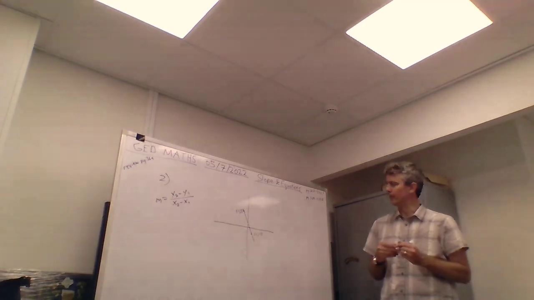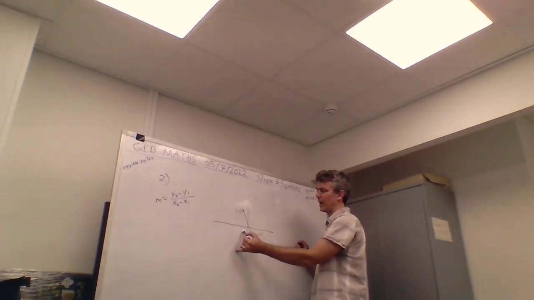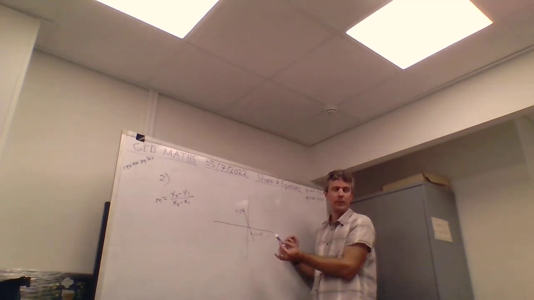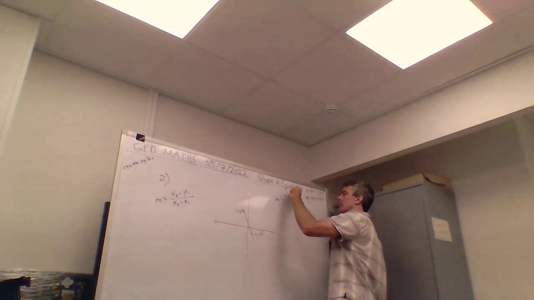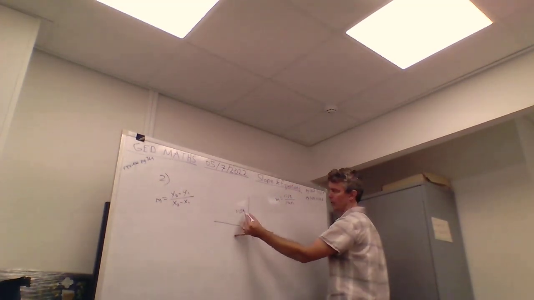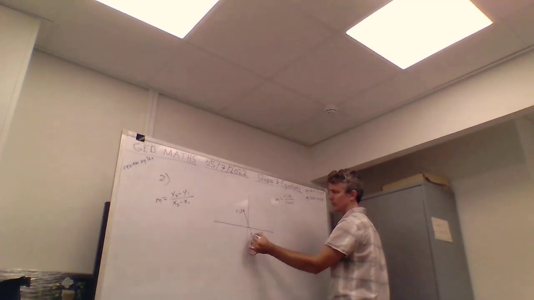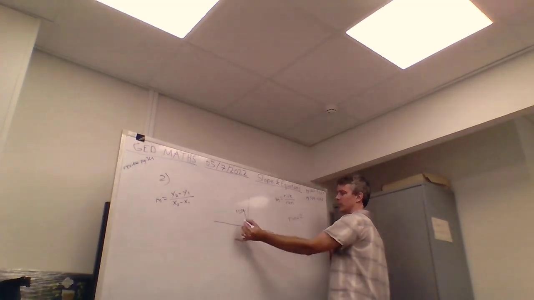Another thing we can do is we can count, right? How many does it go down and how many does it go across? Because slope equals rise over run, right? So the run is, we go from here, 1, 2. So run equals 2, going this way.